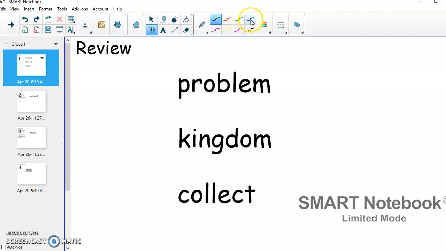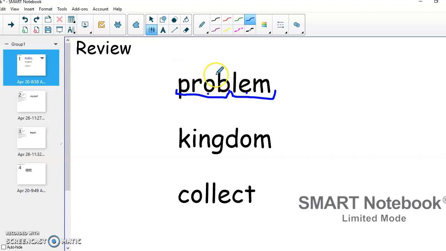Bear with me, I'm going to try to draw here. We're going to try to draw our rail cars right between those consonants. There we go. So let's dot our vowels, O and E.